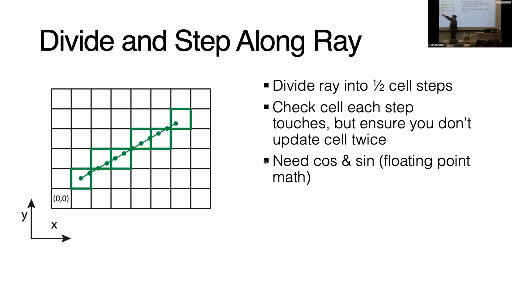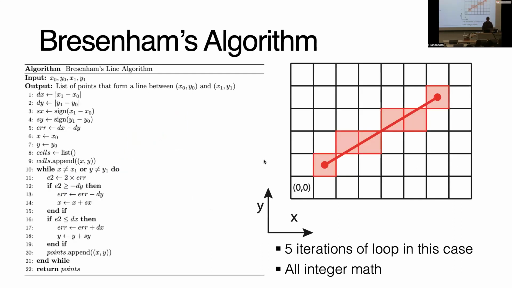Doing it this way, you need to step along this line, figure out which cell it maps to, and then ensure that you don't double count any cells, right? Because if we're double counting cells, we're going to decrease the log odds more than we expected to. Okay, so for this, we're going to need to use some trig functions, cosine and sine. So we're going to need to do some floating point math, right? And that might take a little bit longer than the other way.